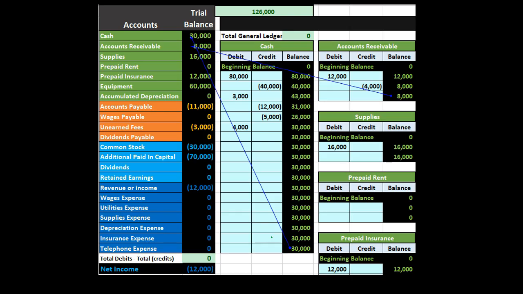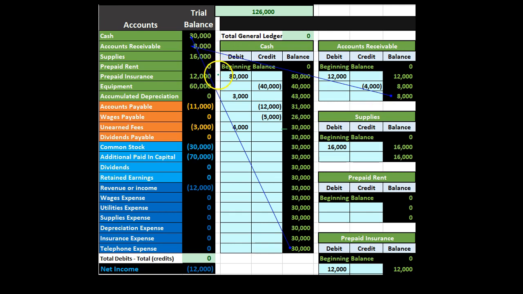So here's the trial balance, and we're just adjusting these top two accounts. Here's the cash account, adjusting cash. Now again, yours is probably here. You don't have to repeat the 30,000 all the way down, but that 30,000 is being used to adjust the cash account. And then the accounts receivable, the arrow is kind of in the way, but that's 8,000 going from this accounts receivable to create that accounts receivable.